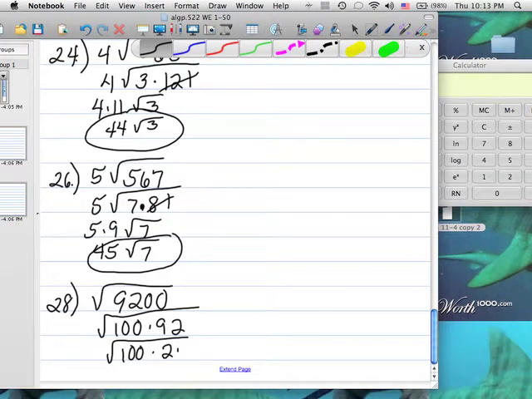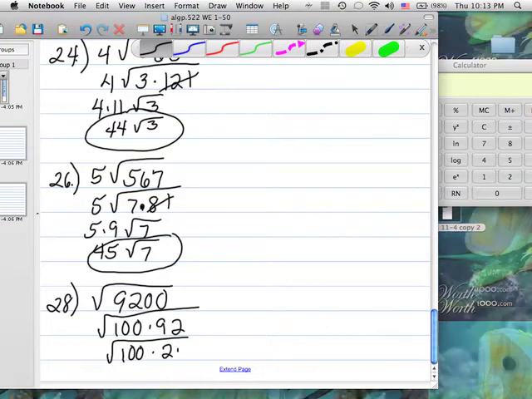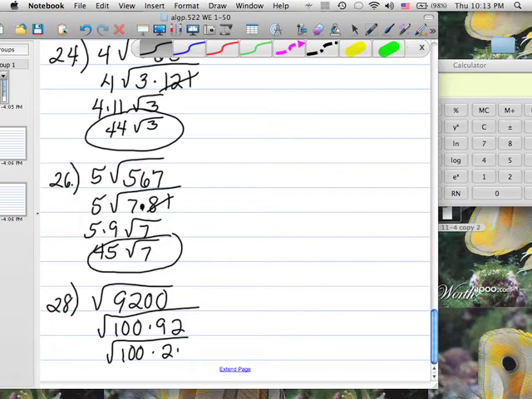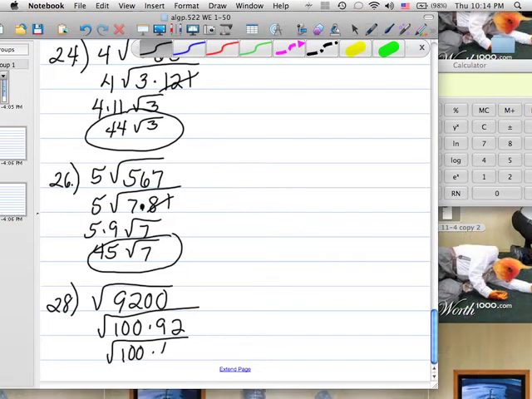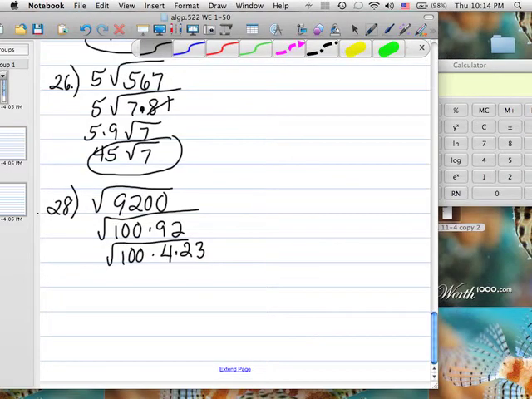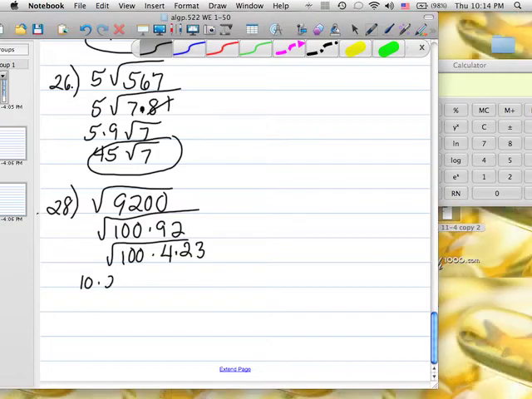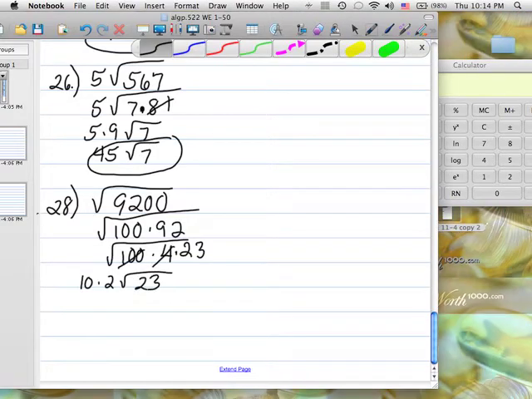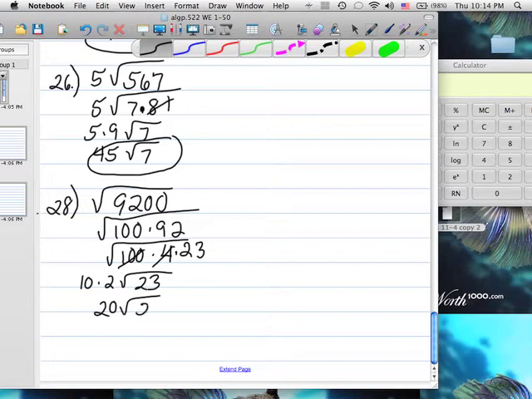Yeah, 4. We want a perfect square, so we want to use 4. So 4 times 23. So those are my perfect squares. Square root of 100 is 10. The square root of 4 is 2. So those are gone, and I have 23 left. So it's 20 radical 23.